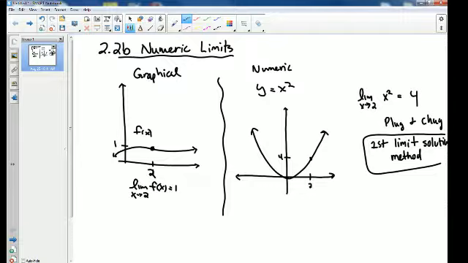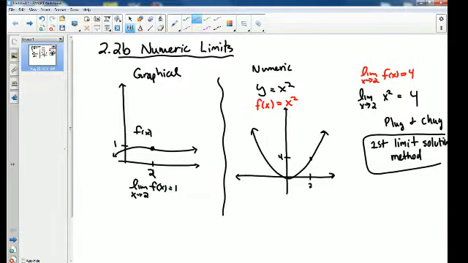So with the numeric, it's just lim of x squared, it's not lim of f of x squared? Here's another way to write this. I could write this that way too, and I could write this like that as well.